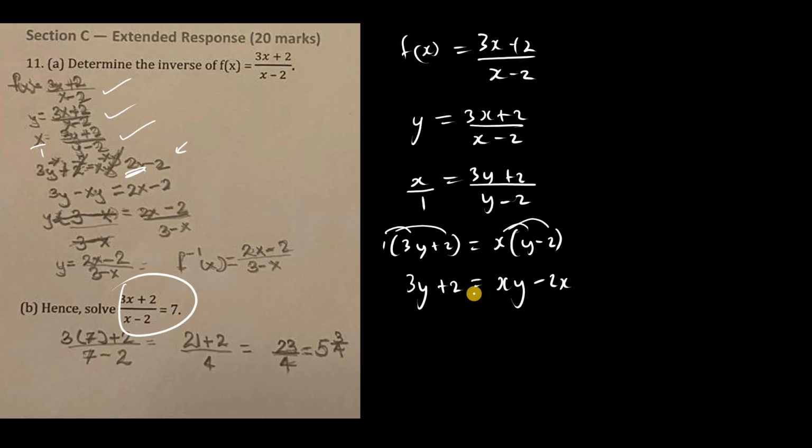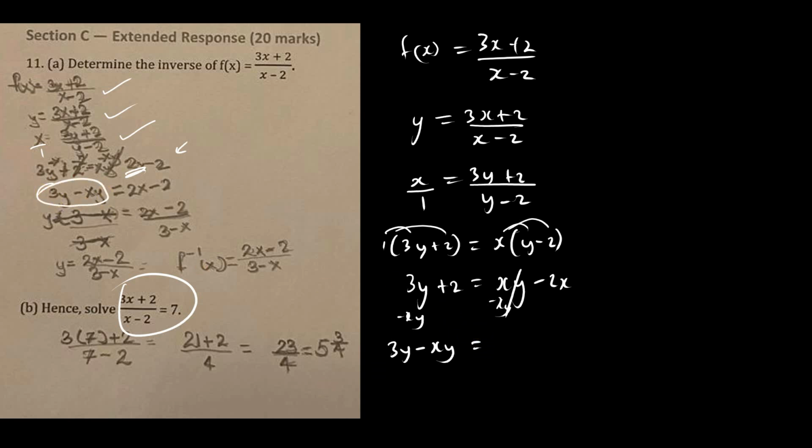Now, let's get the y's together. So I'm going to subtract the xy from this side and subtract it from this side as well. That leaves me with 3y minus xy, which I see you have here, which is good.